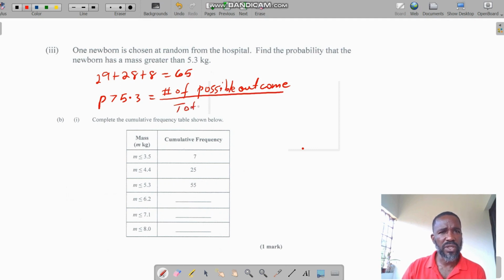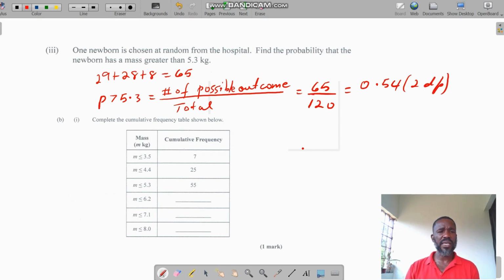The number of possible outcomes here is 65 because only 65 were greater than 5.3, and the total in the sample was 120. So when we divide that, we get 0.54 to 2 places of decimal. All right, so that's how we would have done a question like that.